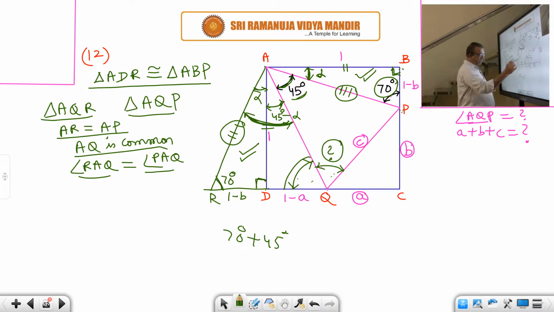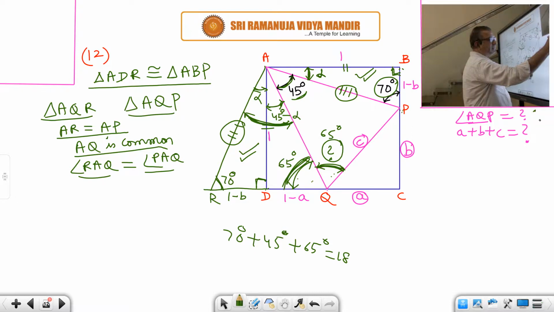So the remaining angle must be 65, so that the sum of the three angles is 180 degrees. This angle is 65, so therefore this angle must be 65. So angle AQP is 65 degrees. That is the answer for the first question.